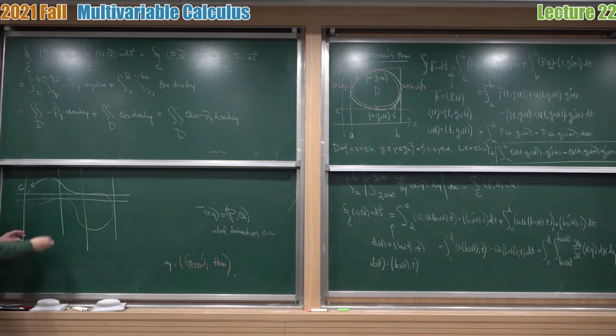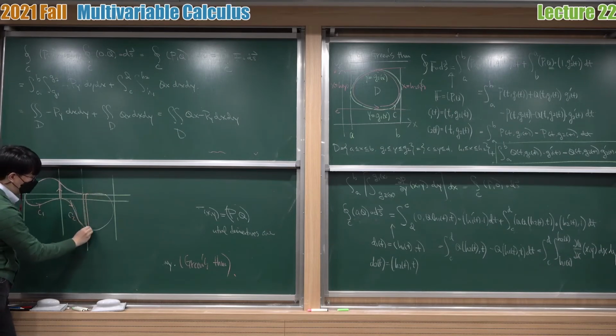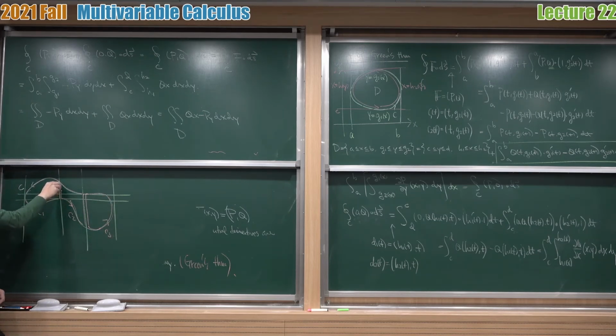Let's say you can use the idea of the proof for this first part. You can say this is C1, the second part is C2, and the last part is C3. Then there are sides that are shared. But looking at C1, it's going upward on this side, and in C2 you're going downward on this side, so they cancel out.